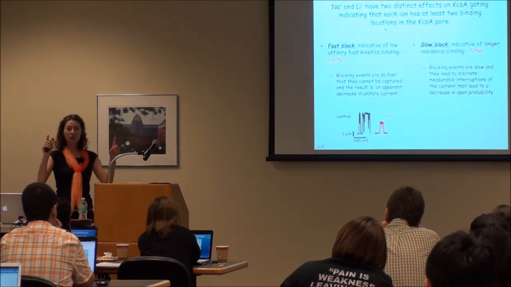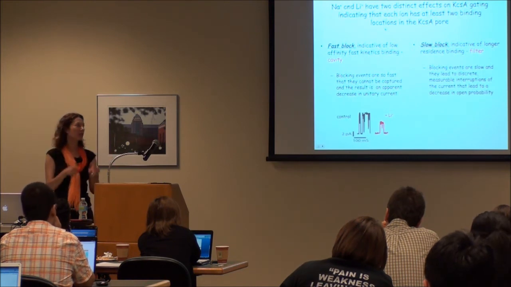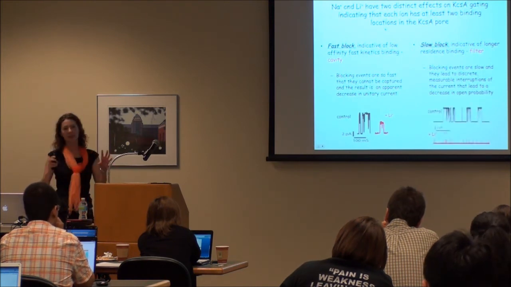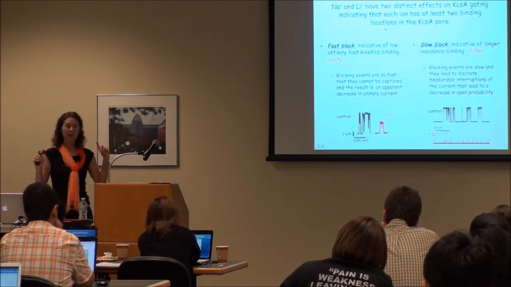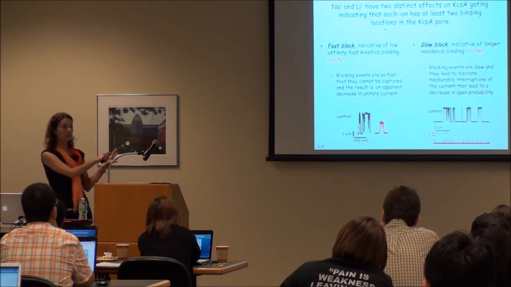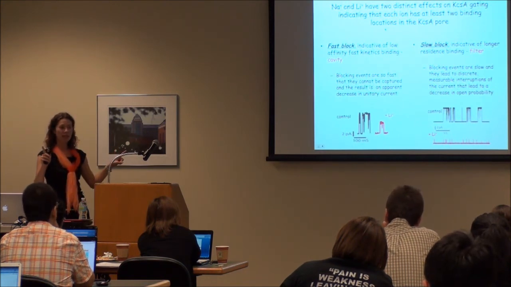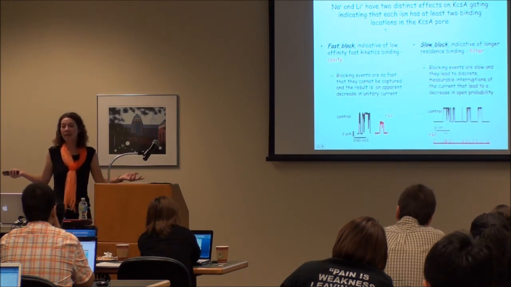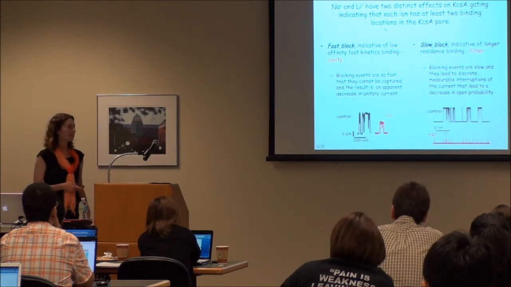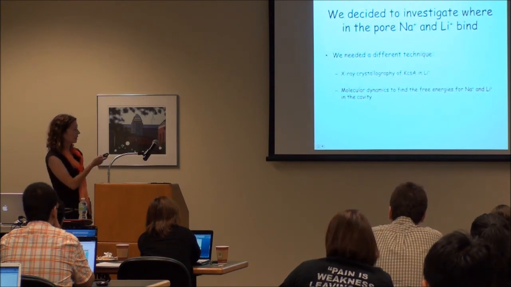So we found two effects of the sodium and lithium at the functional level. So the conclusion from that was that there are two different binding sites where these ions bind to give you these two different effects. But while single channel recording is very good at telling you that there are two different binding sites because you see two different things happening, it doesn't tell you where those binding sites are, right? So for that, we needed a different technique.